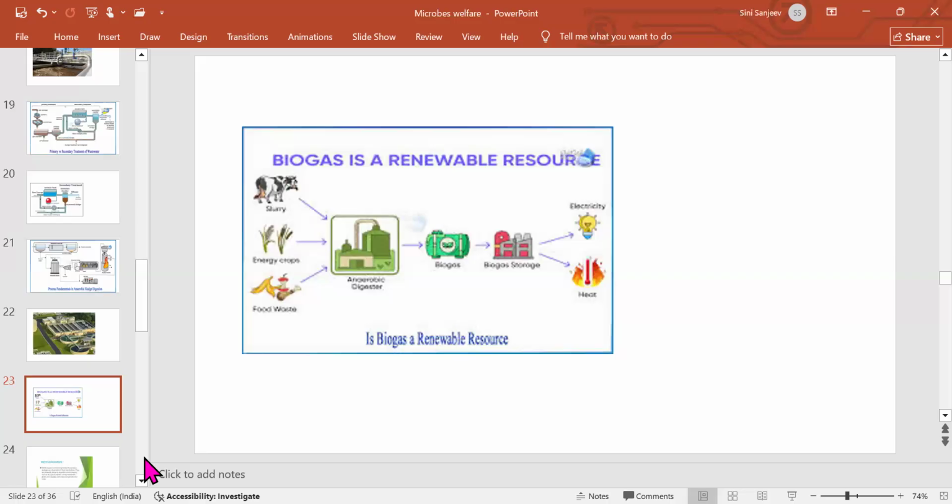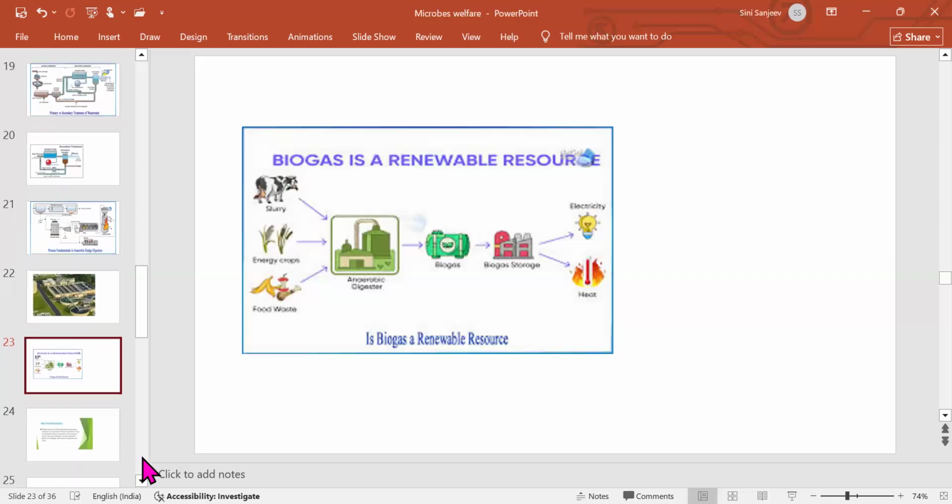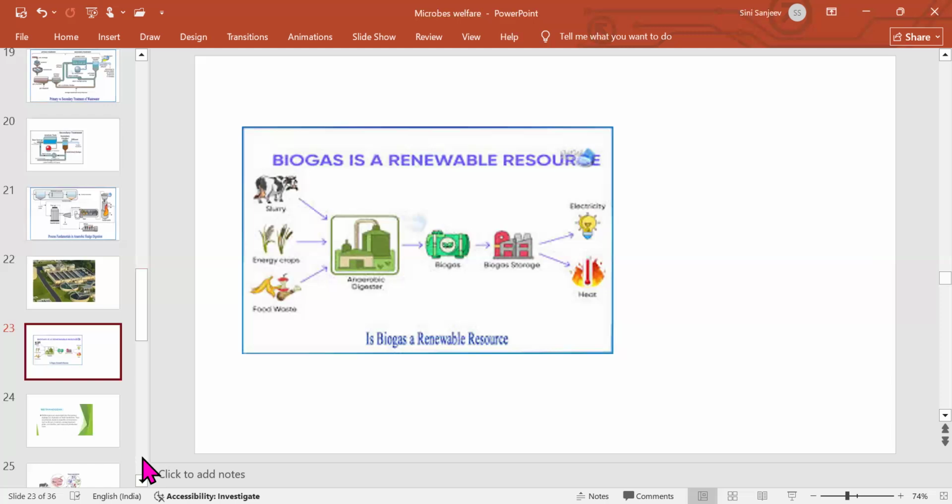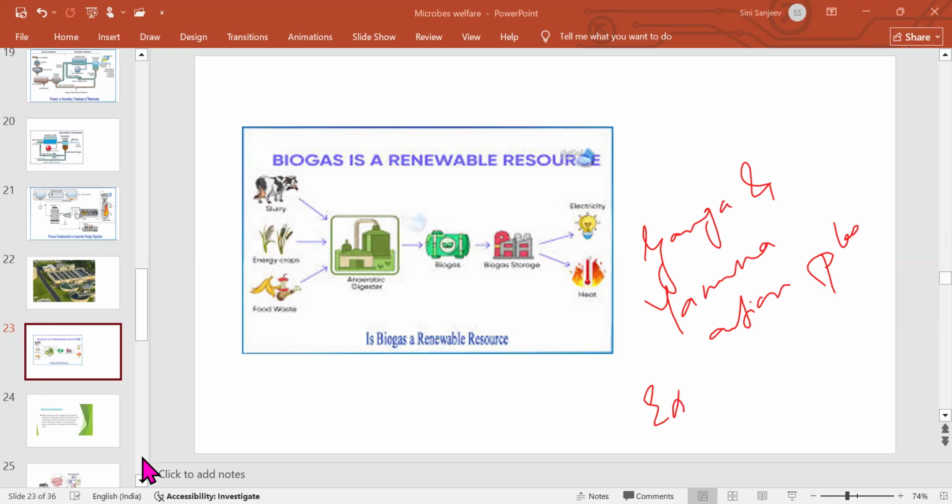Apart from this, there are certain government initiatives which were given to treat the sewage. That is the Ganga and Yamuna action plans and educational visits.